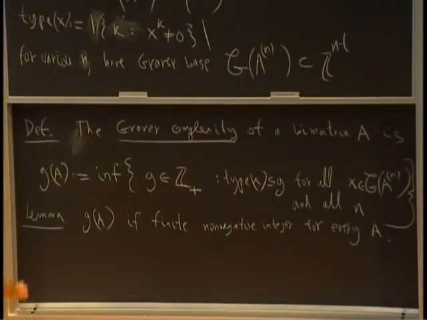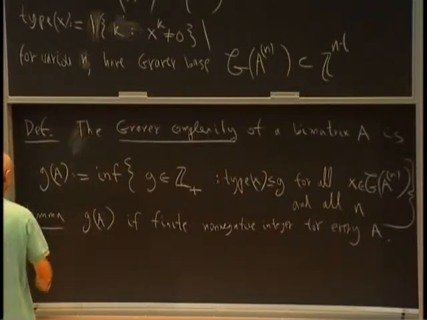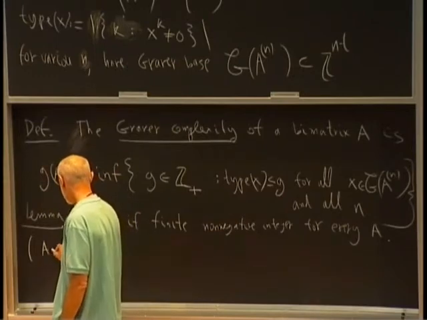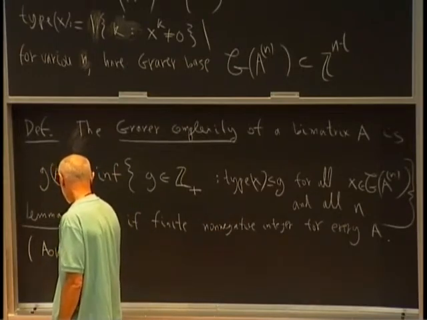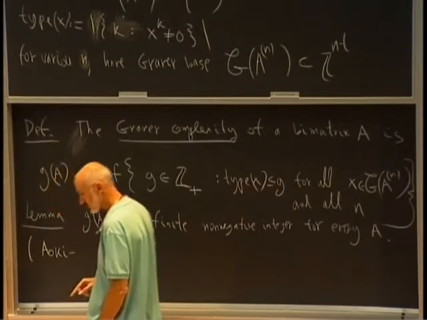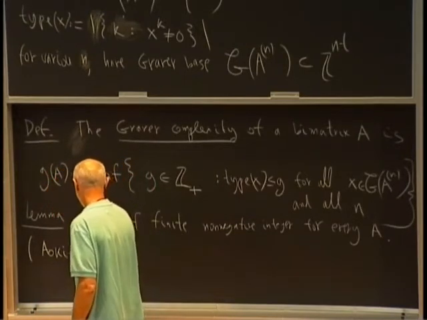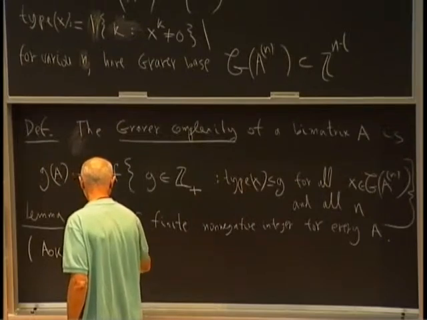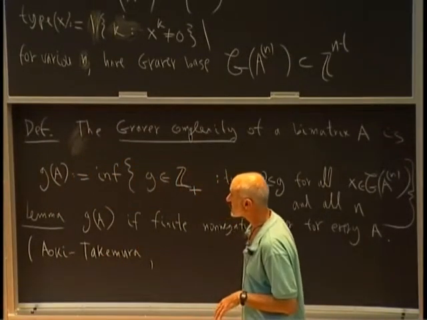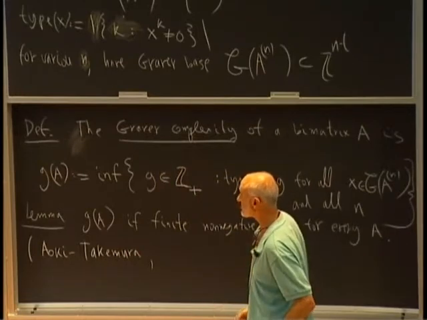This lemma has some history, so I should mention some names here. It started with the work of statisticians who worked on tables, and we will talk about tables in detail tomorrow afternoon. So Aoki and Takemura looked at tables, which are very important in applications and a very important model of this theory.